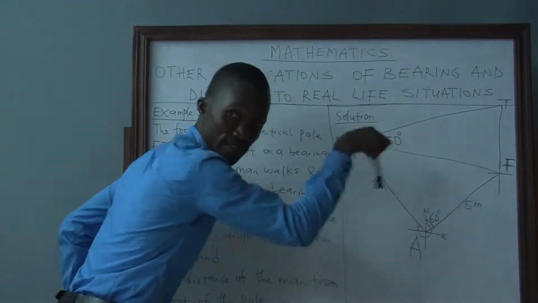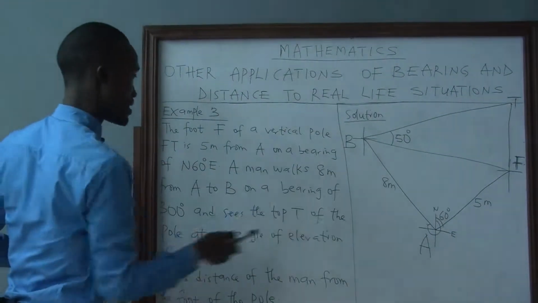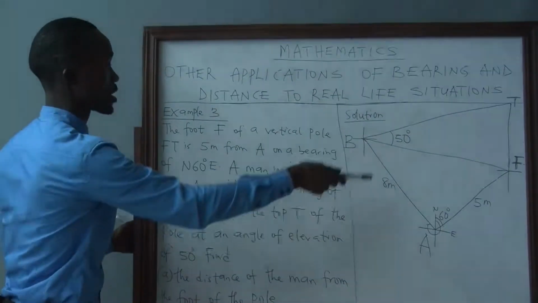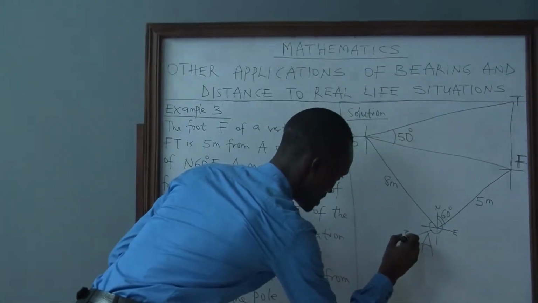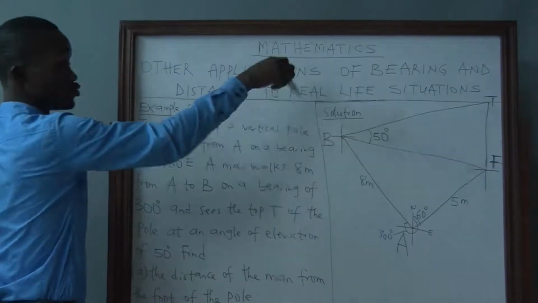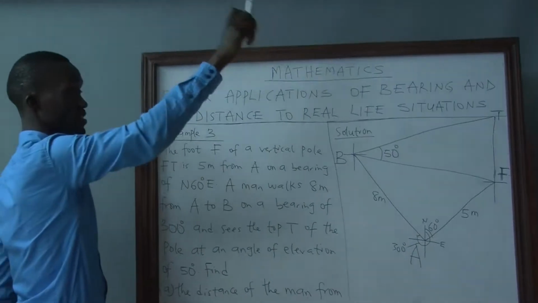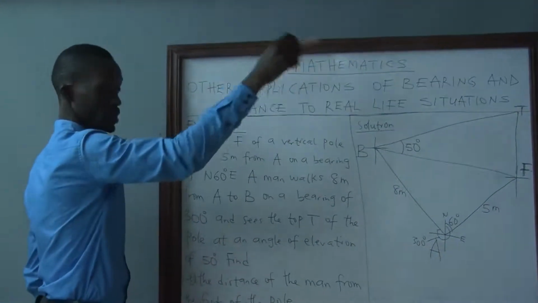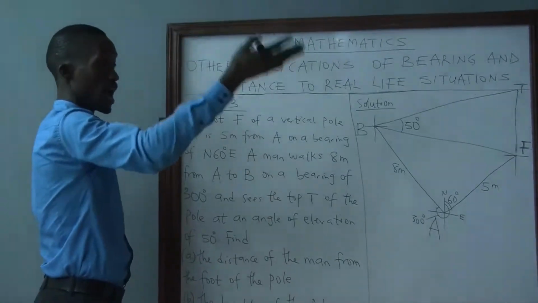That bearing is to be taken from A. So that man now walks 8 meters on the bearing of 300. So this one will be labeled as 300° to B. So after getting to B, the man now observed that the top of that particular pole FT that we are talking about in the question is at an angle of 50° from the position of his eyeball.